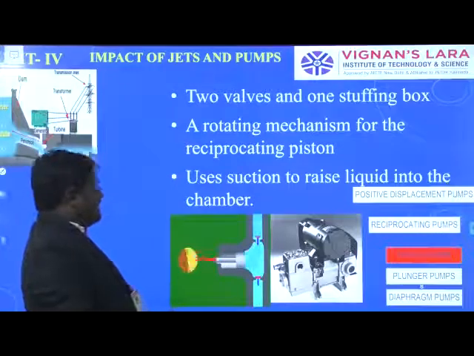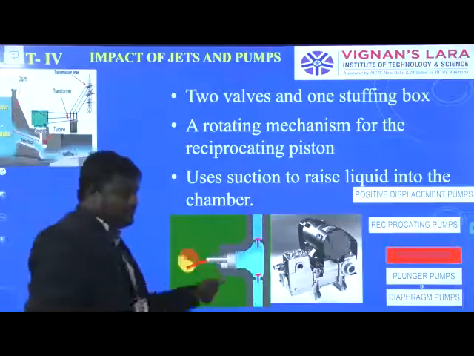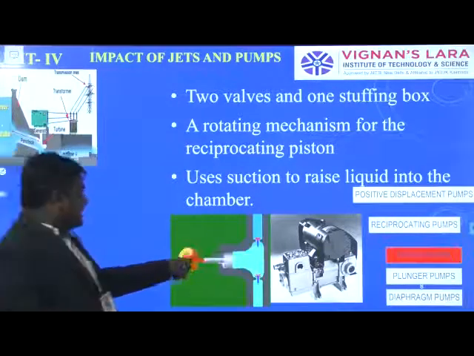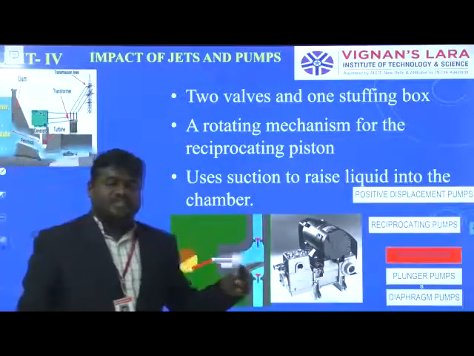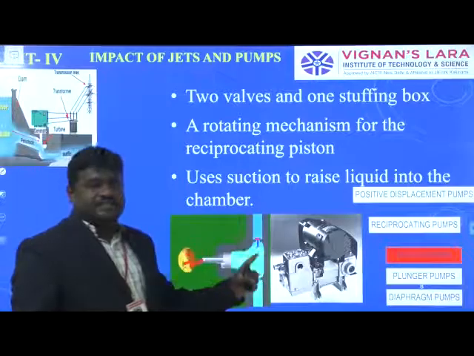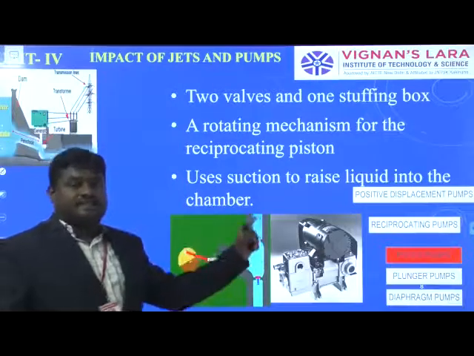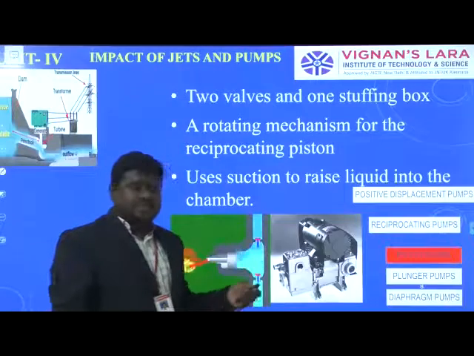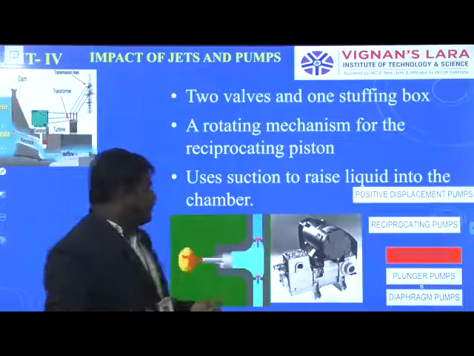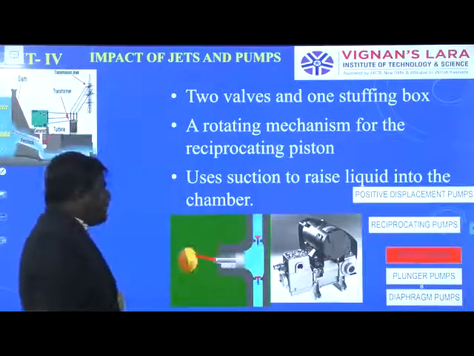This is the positive displacement piston pump. We already discussed the piston in the first unit with the IC engine, its importance and how it works. It is the heart of the engine.